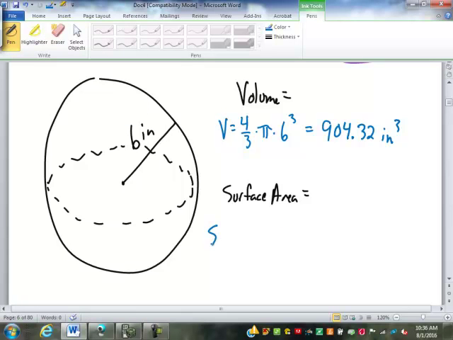For surface area, it's 4 times pi times the radius squared, which is going to be 452.16, correct?